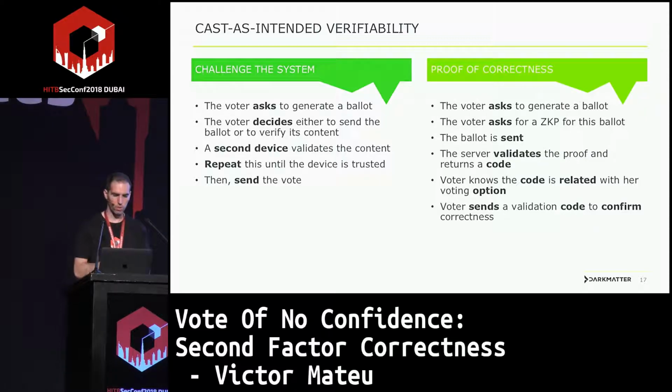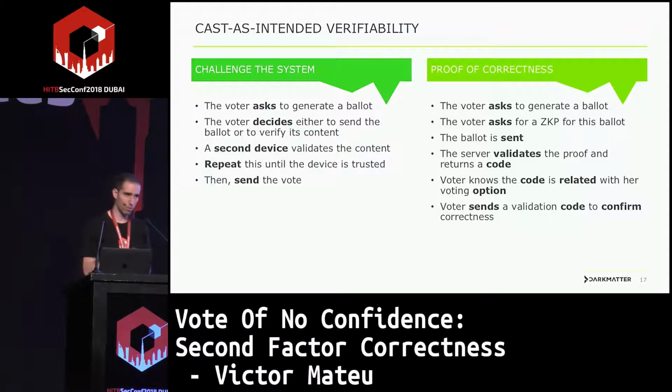Usually what is done is to ask the device to prove that it's computing the vote properly a random amount of times. So if you ask like 5 times and then the 6th time you send it, it's the harder approach for your attacking device to cheat on you, because the device doesn't know which one is the one that you are going to send and which one is the one that you are going to analyze.